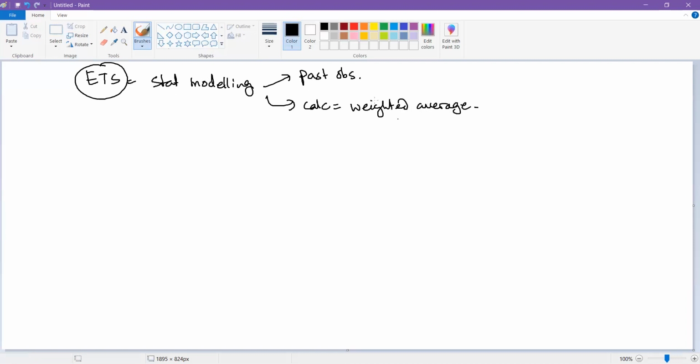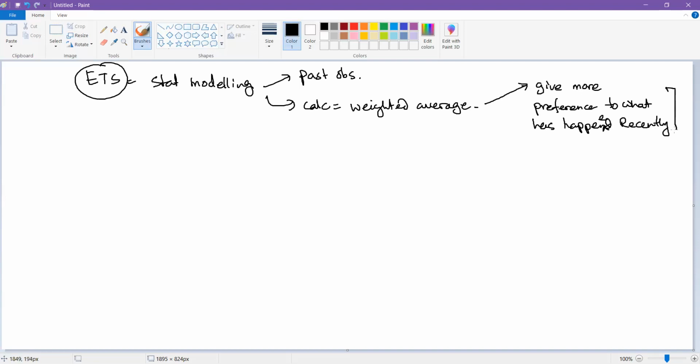We are simply going to calculate the weighted average, right? How this weighted average calculation is done is: give more preference to what has happened recently. There's a small spelling mistake in this word, which you can please ignore.